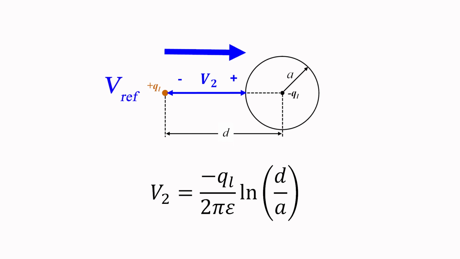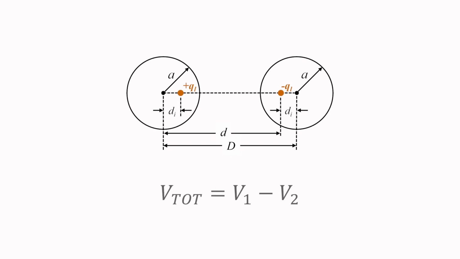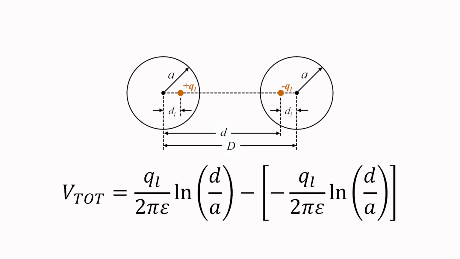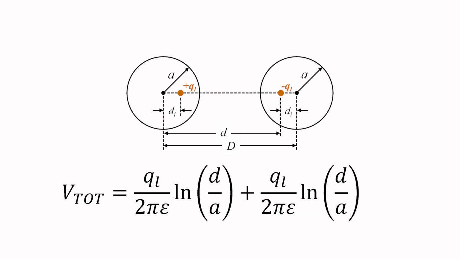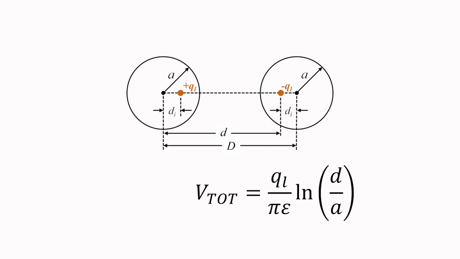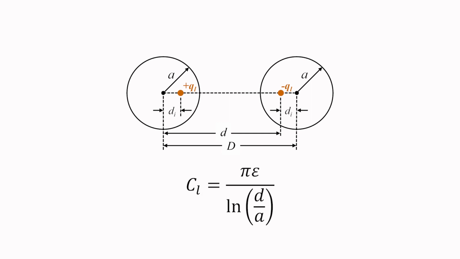But mathematically, we must treat V2 as a positive quantity with the sense shown. The total potential difference between the wires is given by V1 minus V2, and because V2 is negative, the negative signs cancel. This means that the magnitudes add, and the capacitance per unit length is given by the charge density per unit length divided by the potential, or pi epsilon divided by the natural log of d over a.